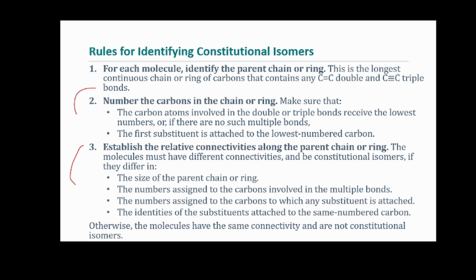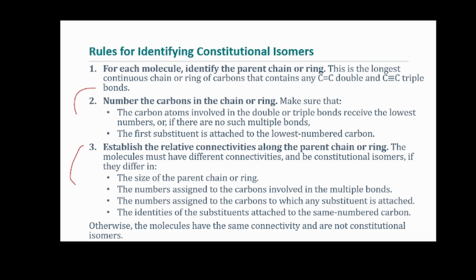Now, compare the size of the parent chain or ring, the numbers assigned to the carbons involved in multiple bonds, the numbers assigned to the carbons to which any substituent is attached, and the identities of the substituents attached to the same number of carbon. Otherwise, the molecules have the same connectivity. They are not constitutional isomers if they have the same connectivity. They would be one of the other ones, or they're the exact same molecule. They could be conformers as well.